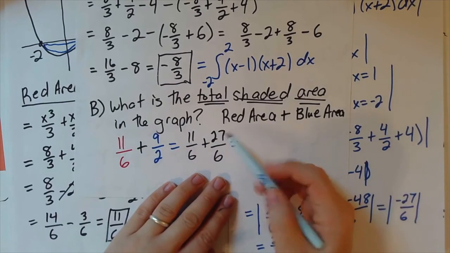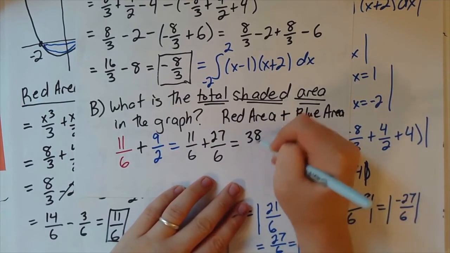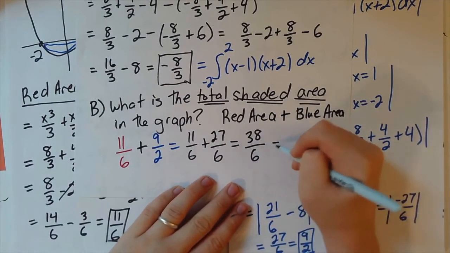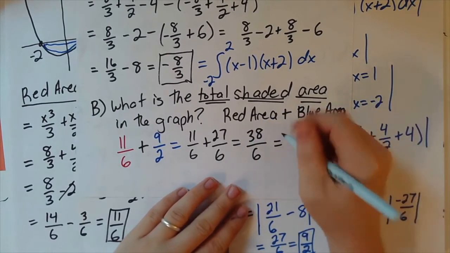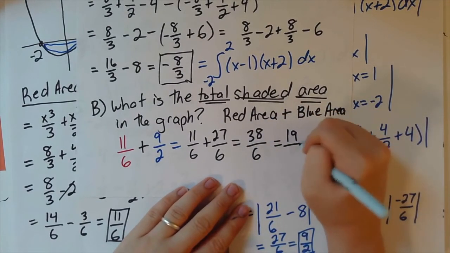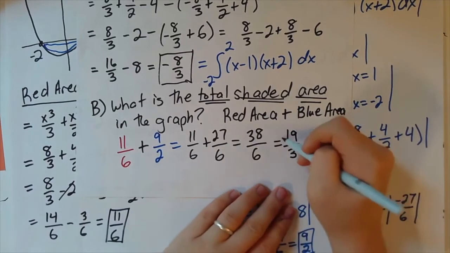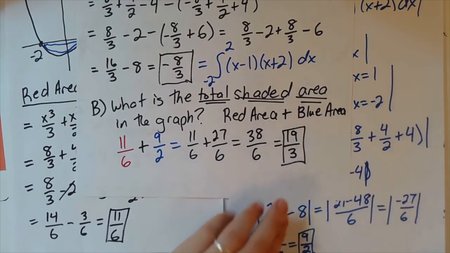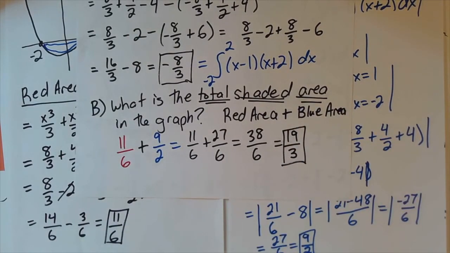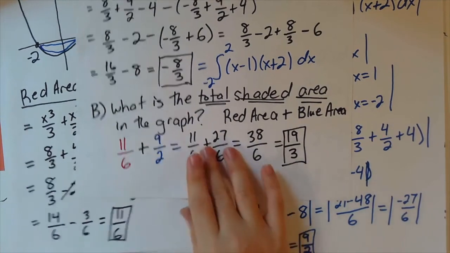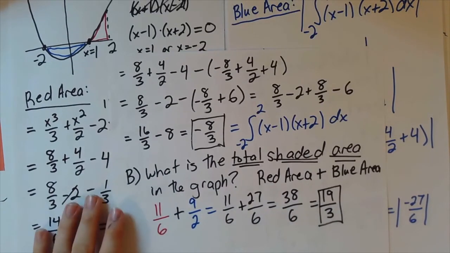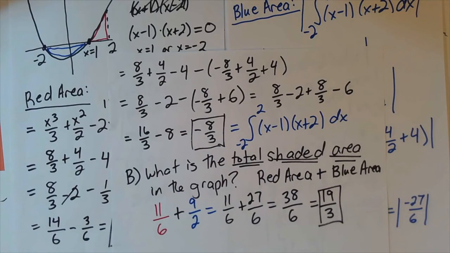And so that will mean this is 38 over 6, which is to say that it is 19/3. Okay, that is the total area that is represented by the shaded area in this graph that we started with.